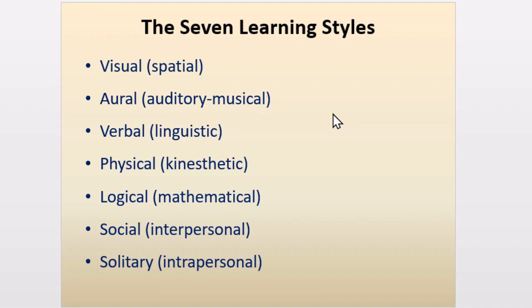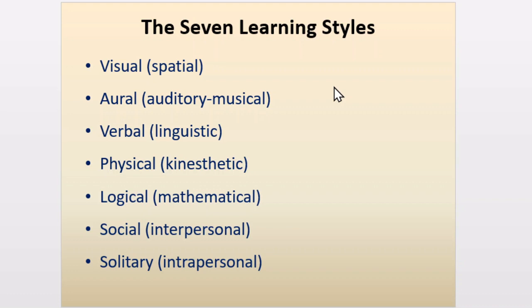Based on the 7 kinds of intelligences, we can think of 7 learning styles, 7 ways in which people predominantly prefer to learn. Some are visual learners who learn through seeing, so colorful images and graphics will be good for them.